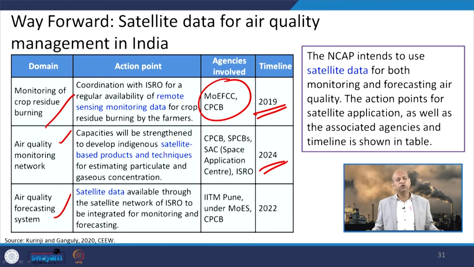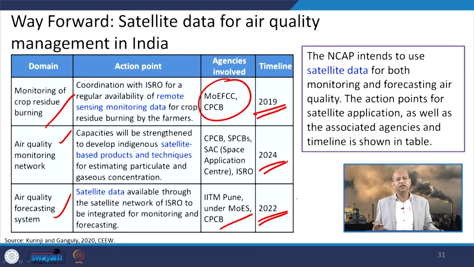And then when we talk about the air quality forecasting system, the satellite data available through the satellite network of ISRO is to be integrated for monitoring and forecasting. IITM Pune, the Indian Institute of Tropical Meteorology, under the Ministry of Earth Sciences, and the Central Pollution Control Board are collaborating, and by 2022 this will be properly implemented.